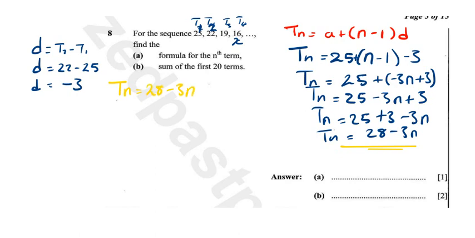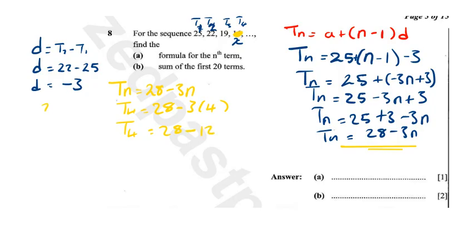So let's assume that here we didn't have a 16, and they have said let's find the fourth term, right? So it will be T1, T2, T3, T4. So the fourth term will be represented by 4. So we say T4 is equal to 28 minus 3, open bracket, you have a 4 there. So T4 is equal to 28 minus 3 times 4, it will be what? 12.